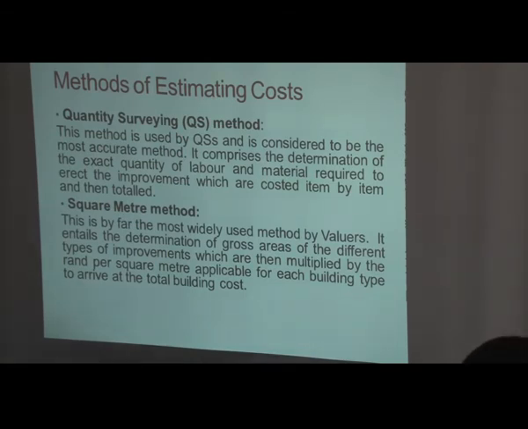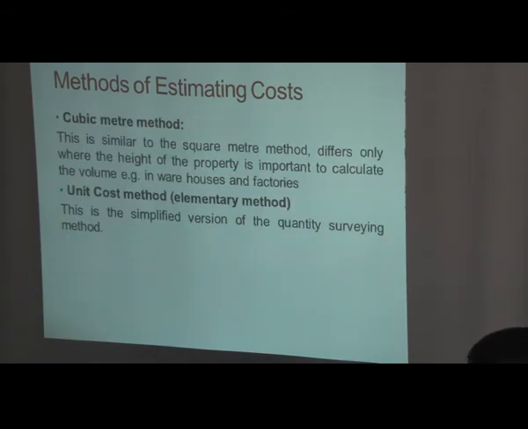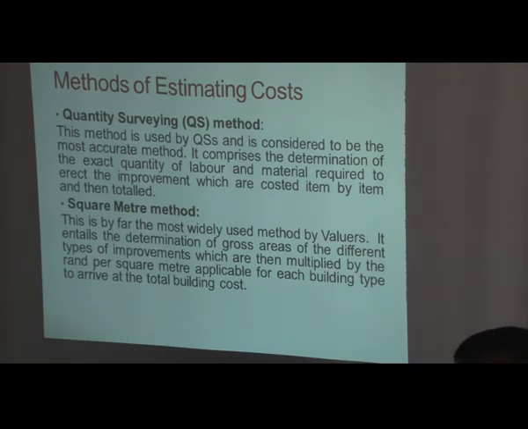And that's why it's important that you take measurements of the building, because the replacement cost is going to be based on the size using the per square meter method. Now, that's the square meter method. But most of the time, is it higher than the QS?